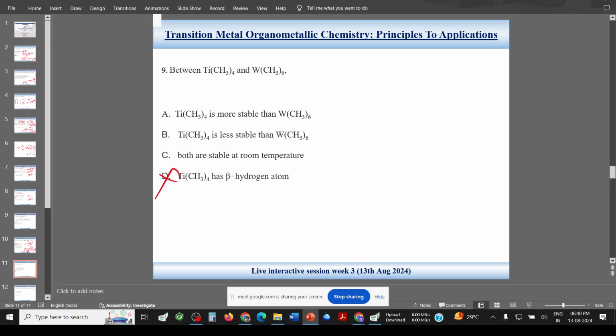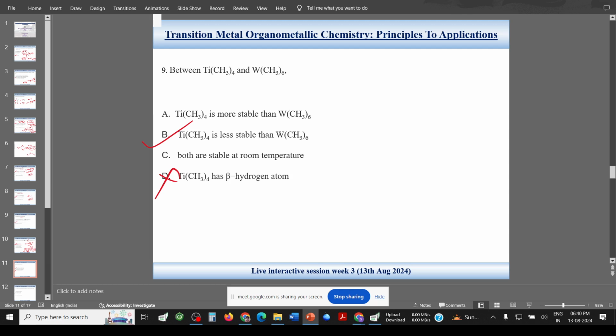So just cut out option D. Option B: this is less stable than tungsten hexamethyl.